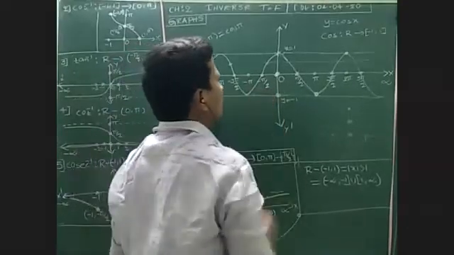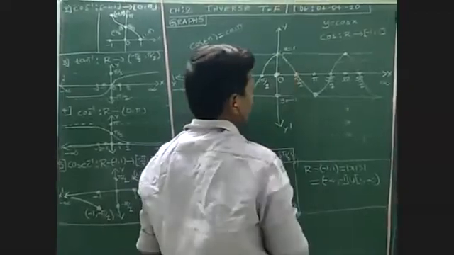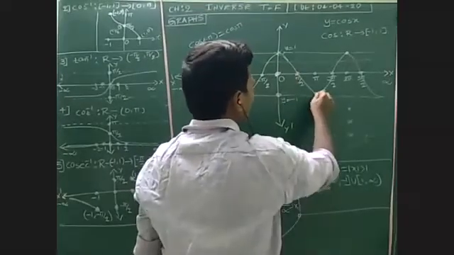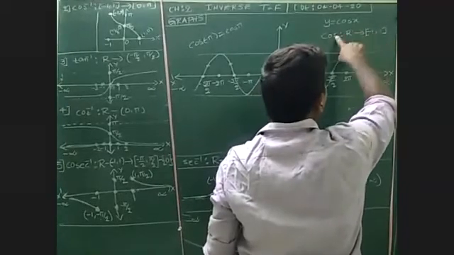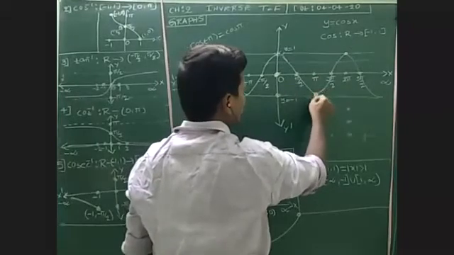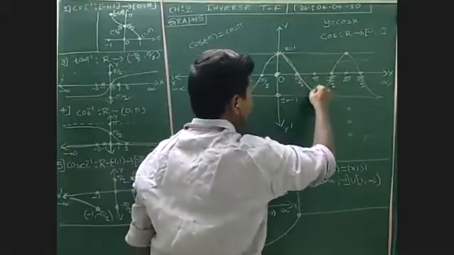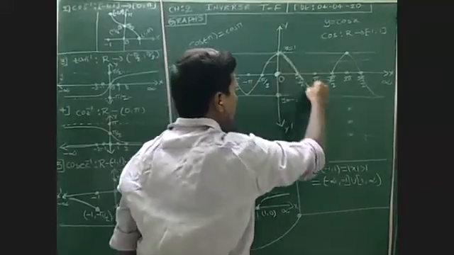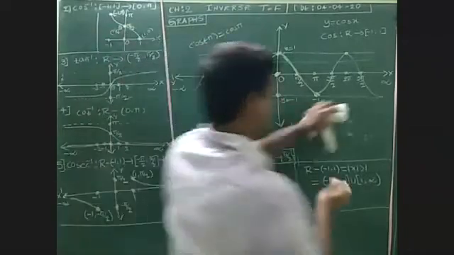Means I want to take one complete loop. What is the range of cos? -1 to 1. This is -1 here, this is 1 here. I want to take one part of the loop to make it one-one.